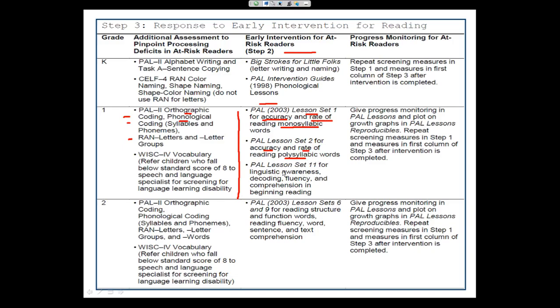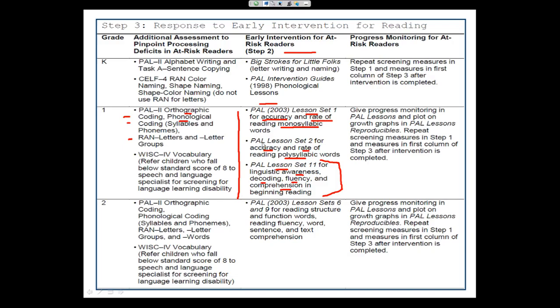And then PAL Lesson Set 11 focuses on what we can do to help a student become a functional reader. This is really the subword component to which I referred earlier. So looking at linguistic awareness, looking at decoding, fluency, comprehension in beginning reading. I'm going to show you just a few examples of some of these.